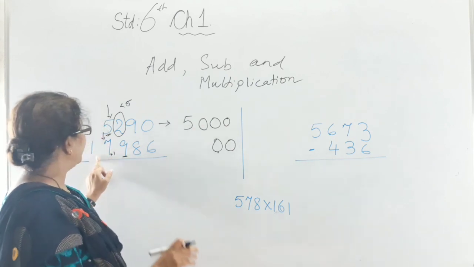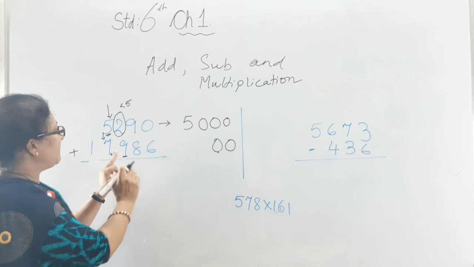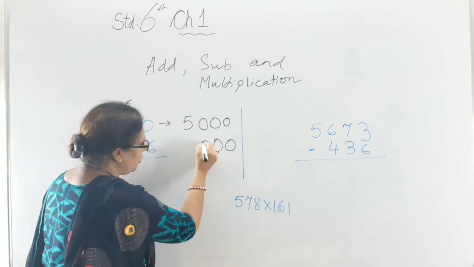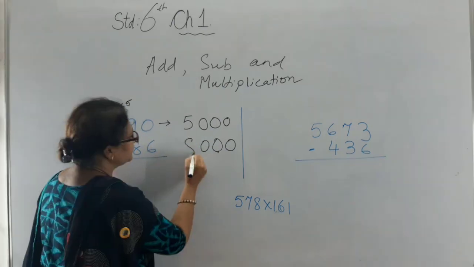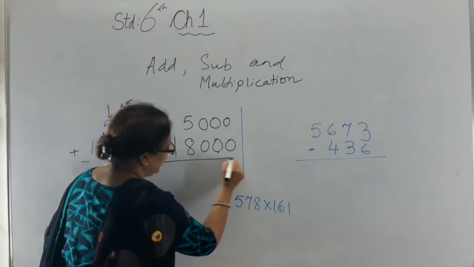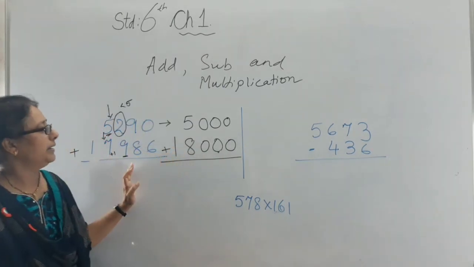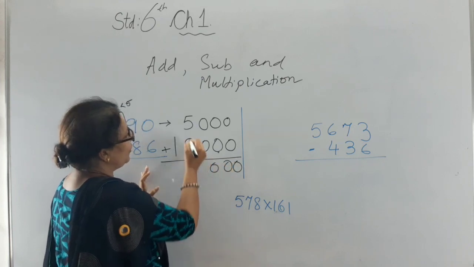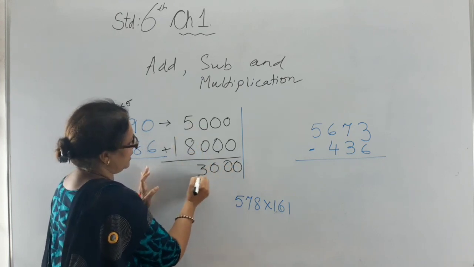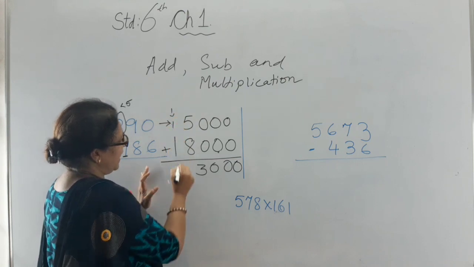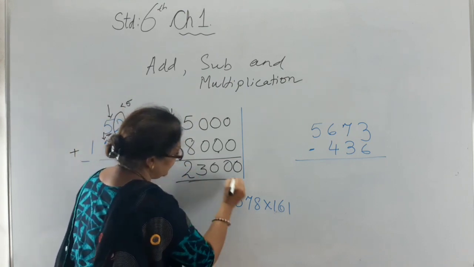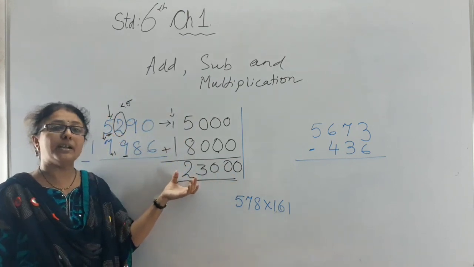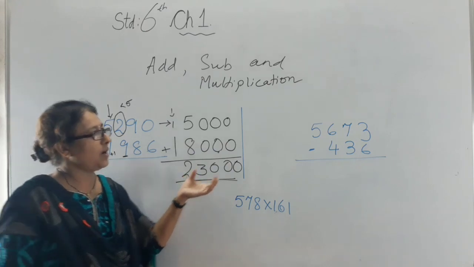So 9 will become 0 and 7 will become 8. And then I will add the numbers. So 0, 0, 0, and 8 and 5, 13, 3, 1 carried over, and that is 23,000. This is my estimated value, that is 23,000.